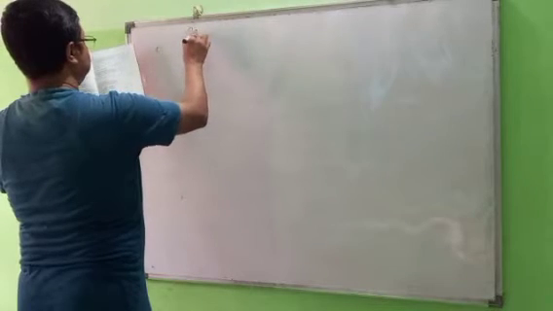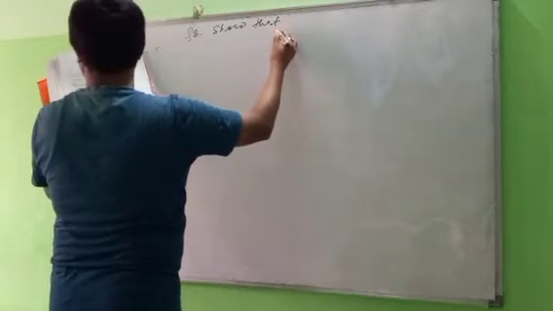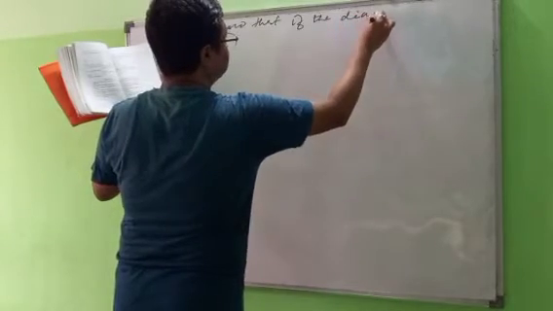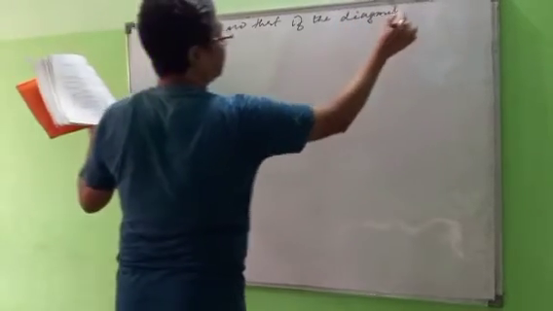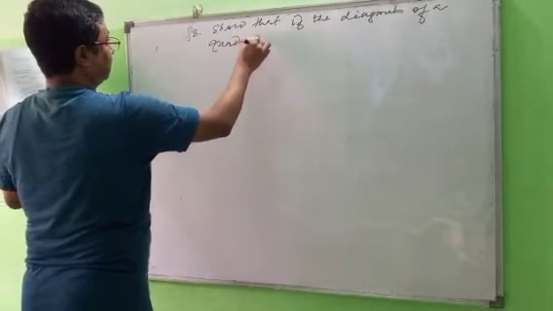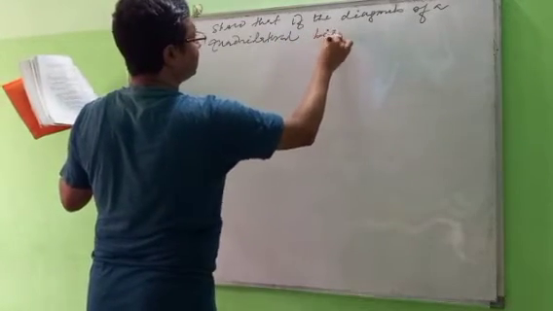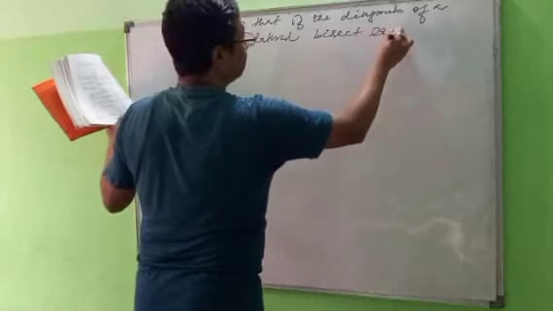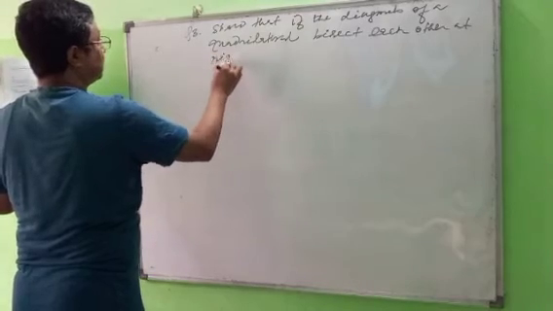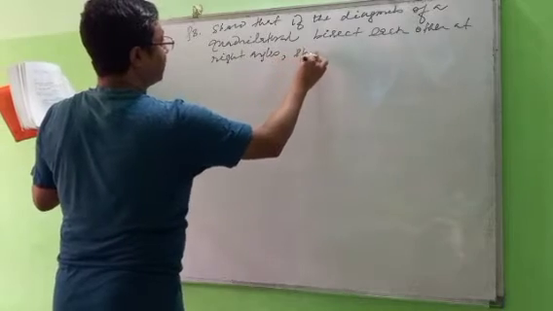Let's take question number 3. If the diagonals of a quadrilateral bisect each other at right angles, show that it is a rhombus.